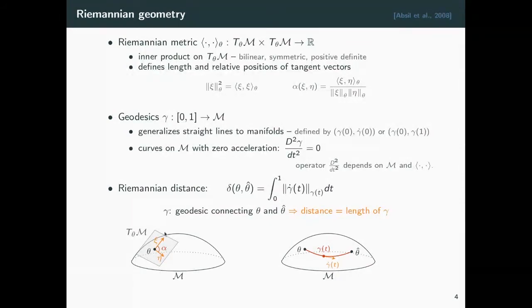It also allows us to define objects such as geodesics on manifolds, which generalize the idea of straight lines but also take into account the constraints and the curvature of the manifold.